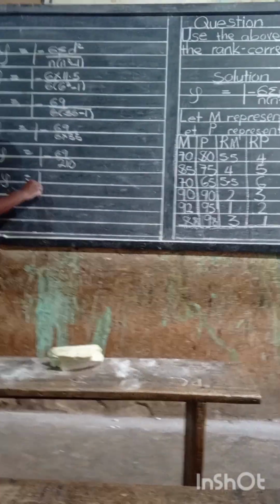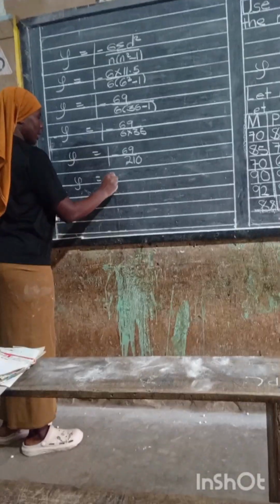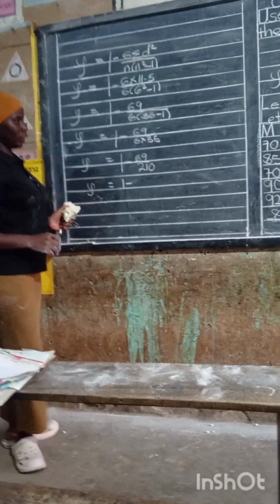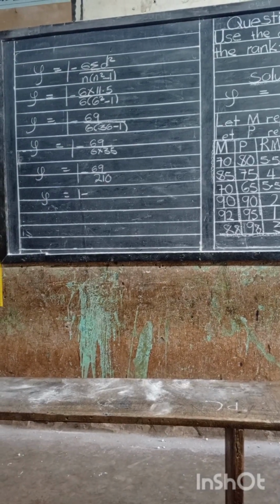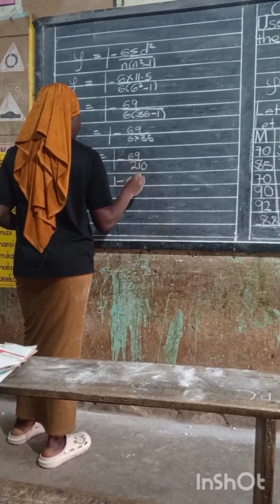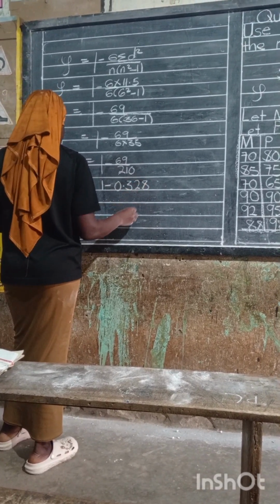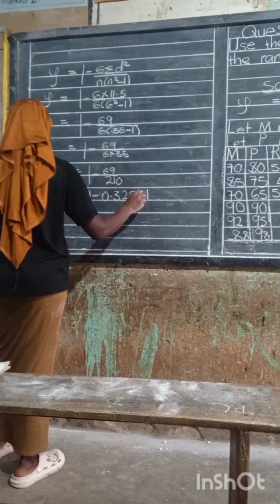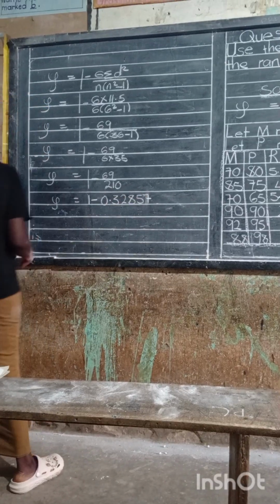Spearman's is 1 minus 69 divided by 210. From my calculator, I get 0.3287 5 degrees.